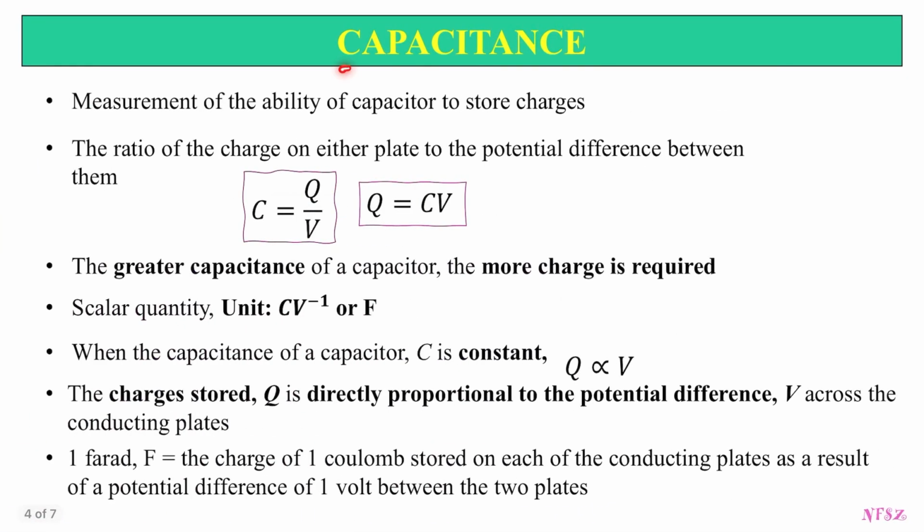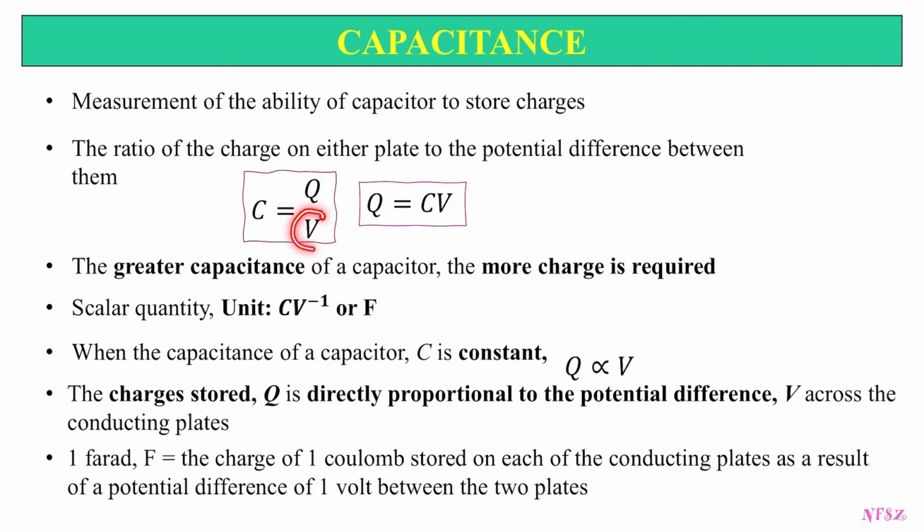Okay, then we have capacitance. Capacitance is basically a measurement of the ability of a capacitor to store charge. We look at how much charge it can store by looking at the capacitance value. So if the capacitor is the apparatus like this, the 470 microfarad is its capacitance, how much charge it can store. It is the ratio of the charge on either plate to the potential difference between them.